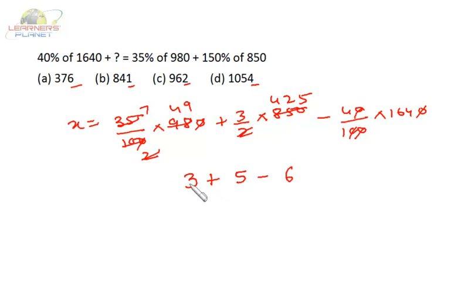So it's 5 plus 3, 8, 8 minus 6, the unit digit of the answer must be 2 only, which is only there in this option. So just a small calculation we are doing over here and just getting the unit digit. I hope you are clear with even this method.